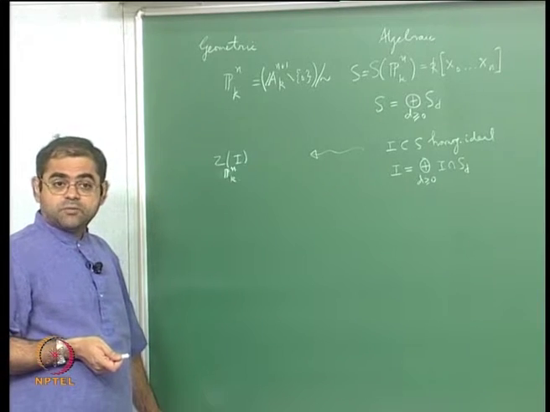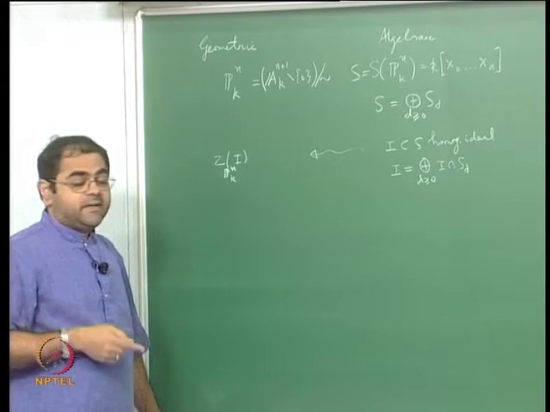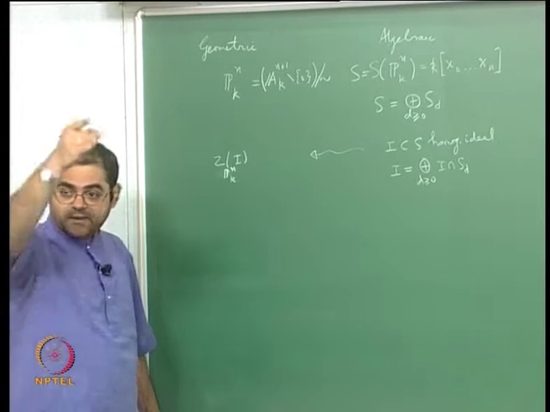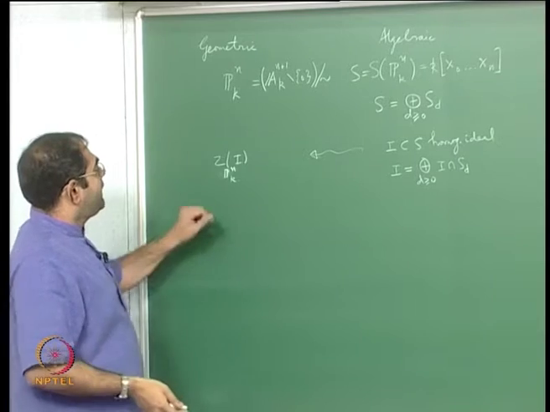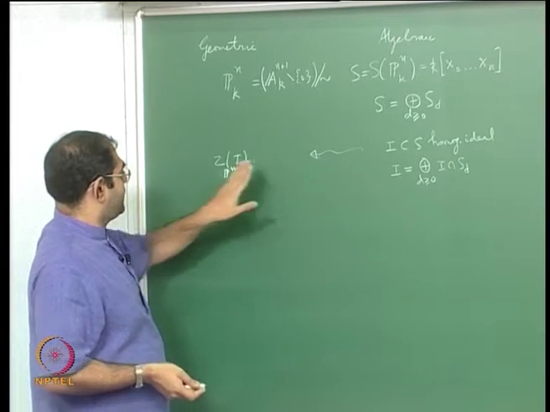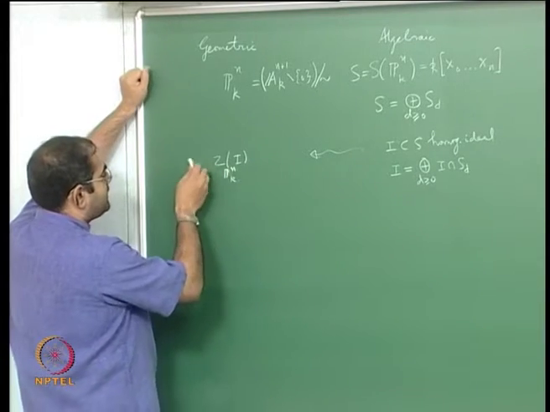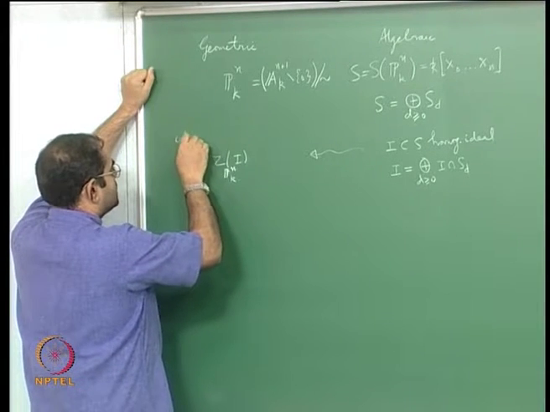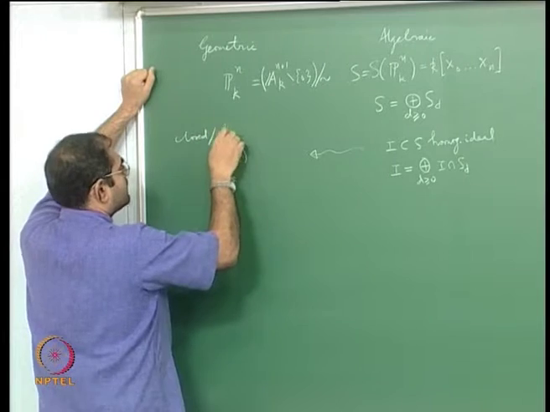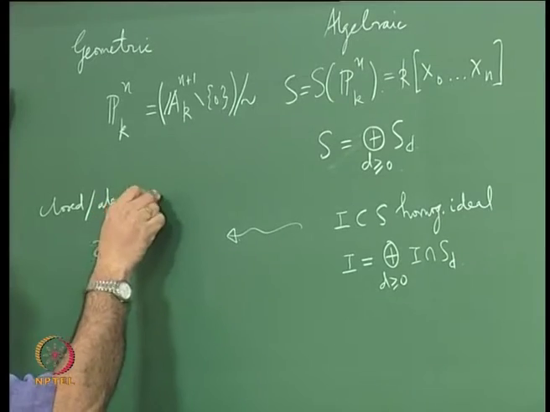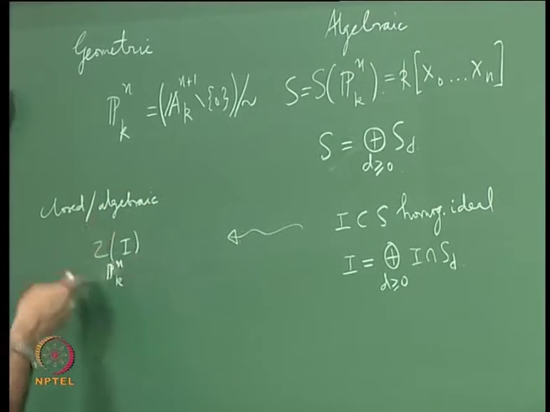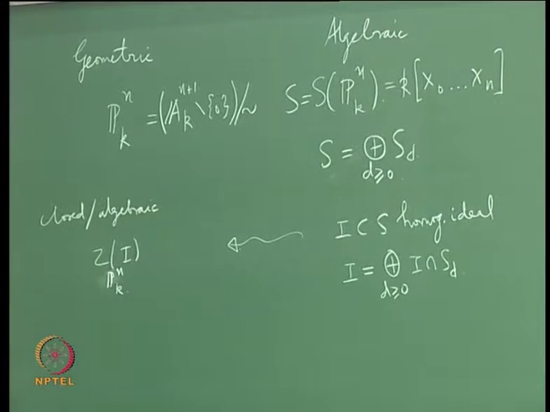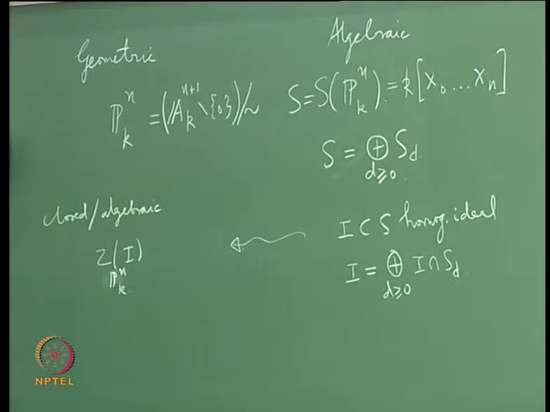It is the homogeneity of a polynomial which tells you that if it vanishes on a line passing through the origin, then it will vanish at every point on that line. And so we get this, and these are the so called closed or algebraic subsets in projective space, and this gives the projective space a topology which is called the Zariski topology.